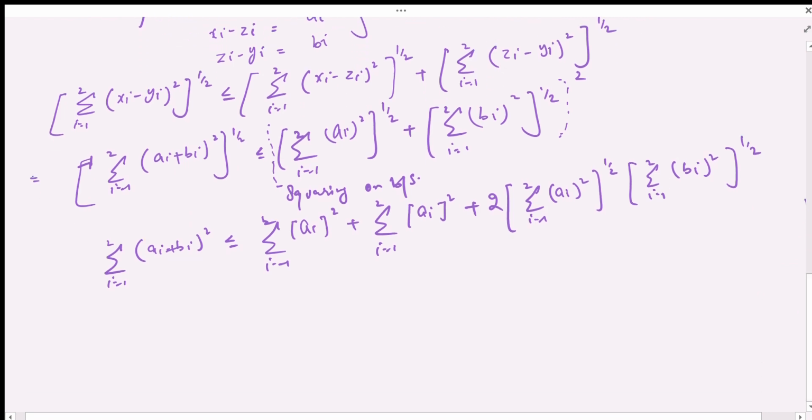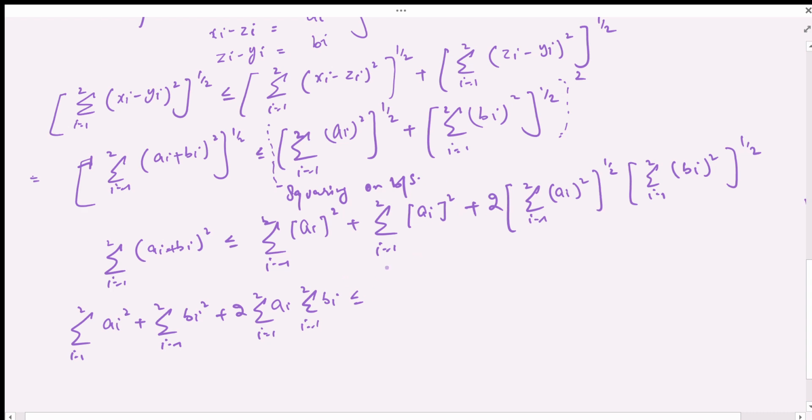Okay. Now I will expand this also. By expanding, you will get summation i equal to 1 to 2, ai square, then plus summation i equal to 1 to 2, bi square, plus 2 times summation i equal to 1 to 2 ai, summation i equal to 1 to 2 bi, and that is less or equal to the whole thing that is here.